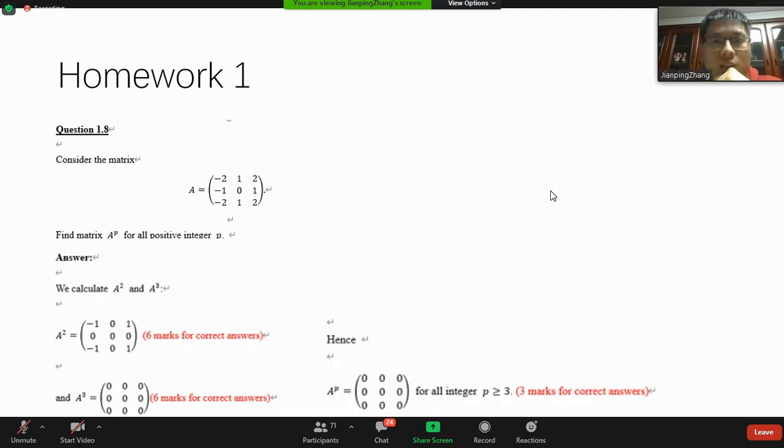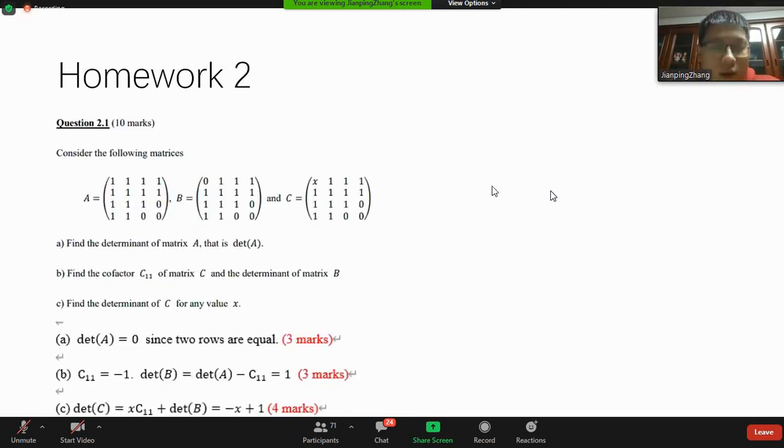Then we switch to homework 2. For the first question, question 2.1, I guess students did not perform well, so I will explain it.